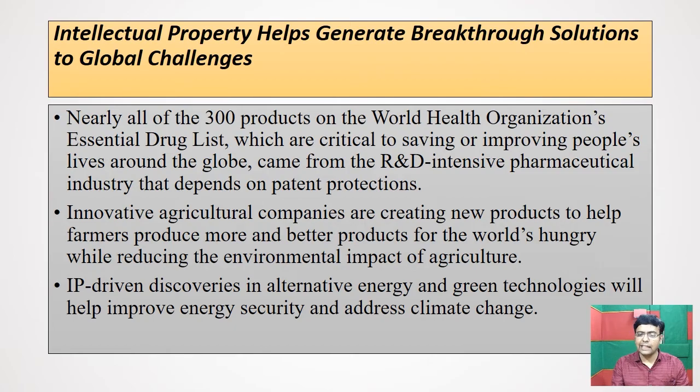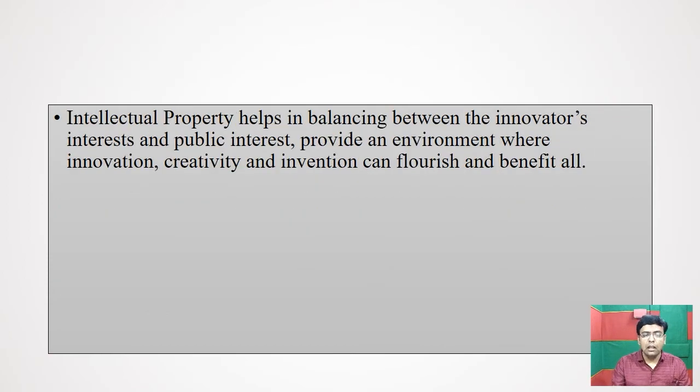Innovative agriculture companies are creating new products to help farmers produce more and better product for the world's hungry while reducing the environmental impact of agriculture. So IP-driven discoveries in alternative energy and green technology will help to improve energy security and address climate change. So that's why there is a need to protect intellectual property rights to generate breakthrough solutions to global challenges.